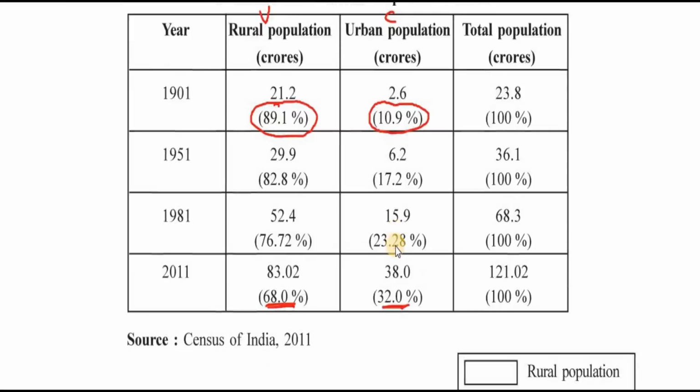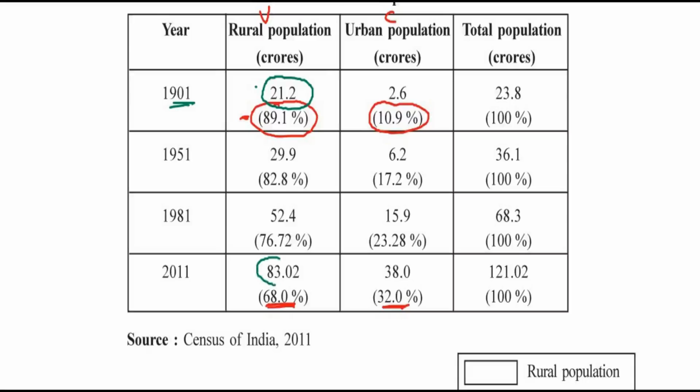It's a good trend. So out of 121 crore population, 83 crore still live in villages. Percentage-wise we have gone down, from 89 to 68. But look at the actual amount. 21.2 crore people were living in villages in 1901.